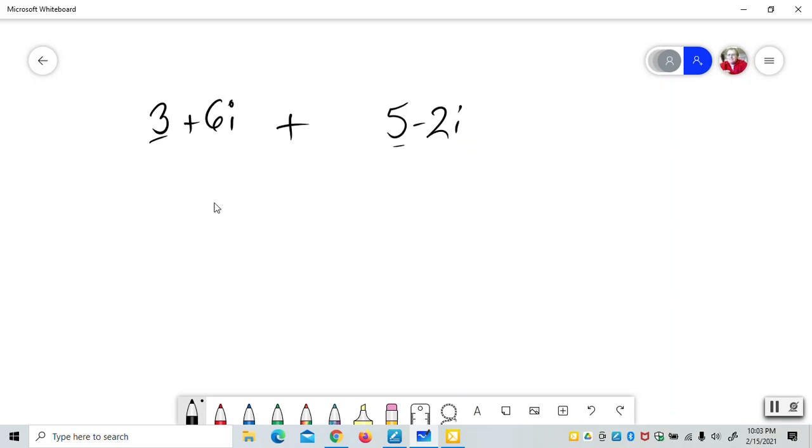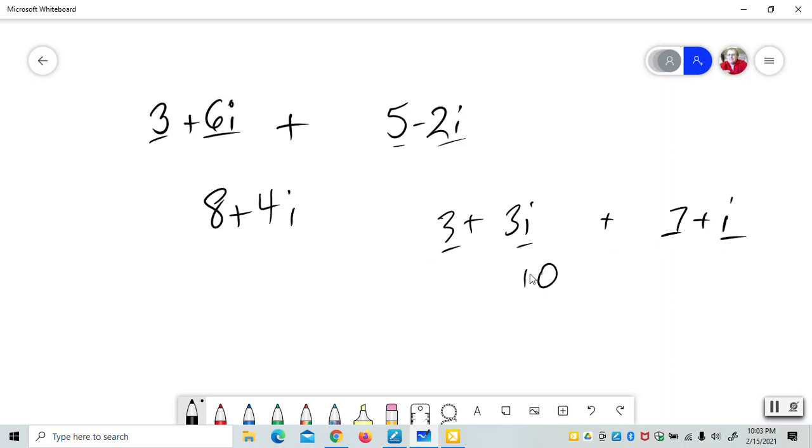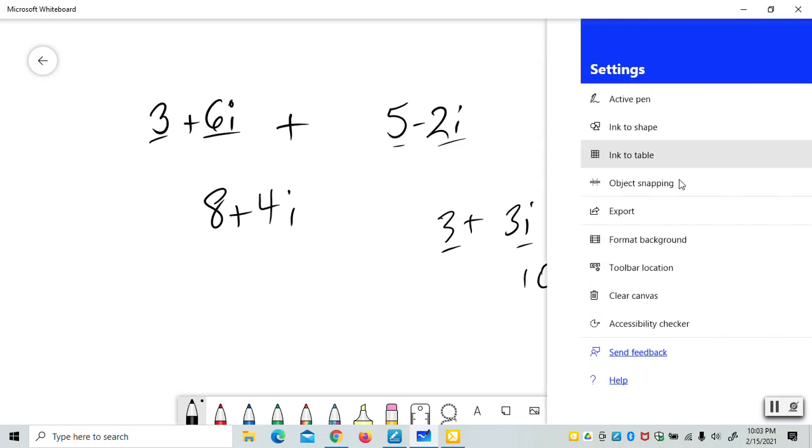Real number parts add to each other. Imaginary parts add to each other. 6i minus 2i is 4i. Boom. Super easy. So if I had 3 plus 3i plus 7 plus i, 3 plus 7 is 10. 3i plus 1i is 4i. 10 plus 4i. Easy. I'm not even going to do any more of those.